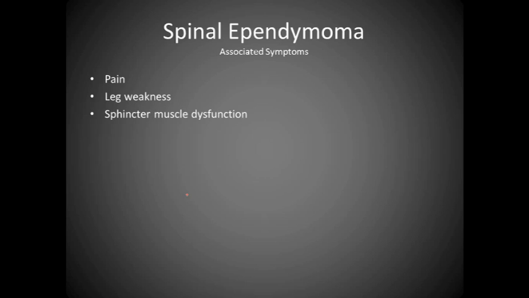Pain is going to be associated with this, as well as leg weakness, and interestingly enough, sphincter muscle dysfunction, which is typically a symptom of severe problems with the spinal cord. Bowel incontinence is something that is to be expected regarding this. The best option here is an MRI. CT just doesn't quite do this justice.